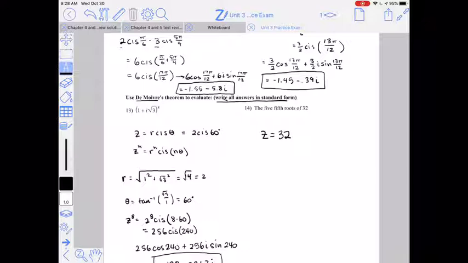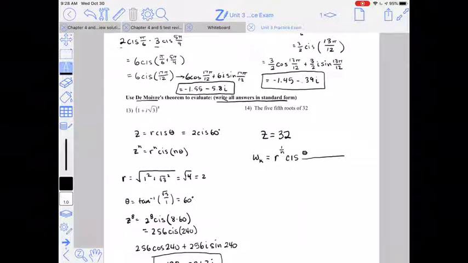The formula of the theorem that we use in the textbook is w for the root is equal to r to the 1 over n CIS, then we need the angle plus multiples of 360, all over n.